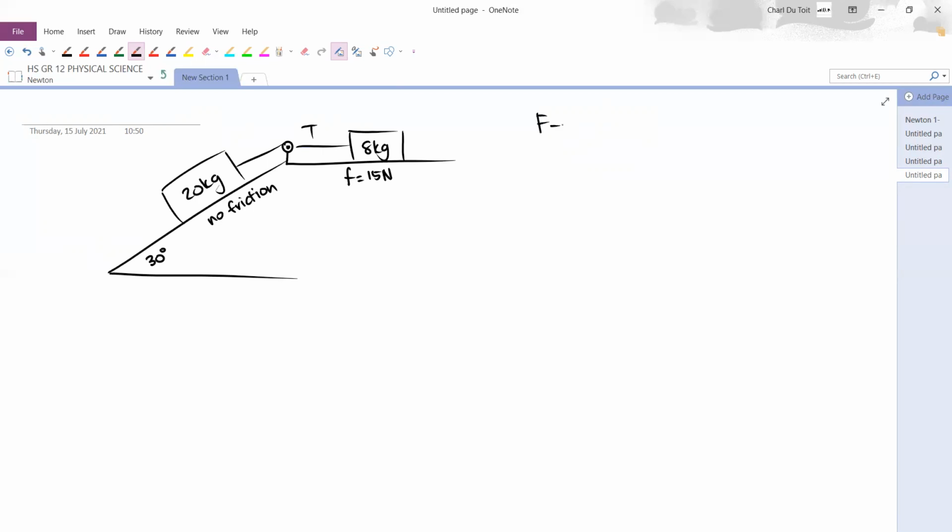Okay, first of all, free body diagram of the 20 kg block. That's not difficult. I have a normal force perpendicular to the surface. Then to the left, we have tension in the rope. And to the right, we have an Fg parallel component. And downwards, we have an Fg perpendicular component. Then I'm just going to draw a free body diagram of the 8 kg block here somewhere.